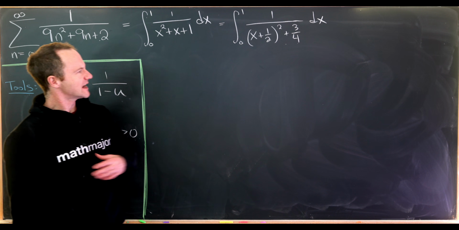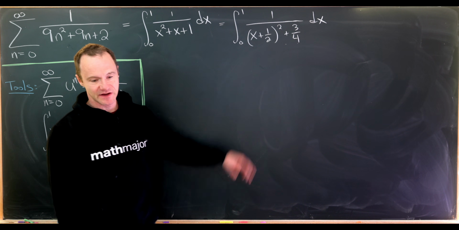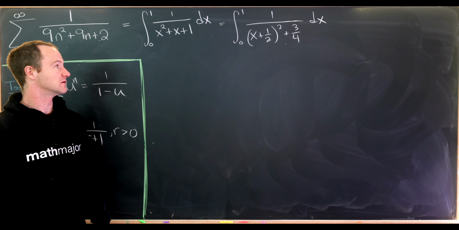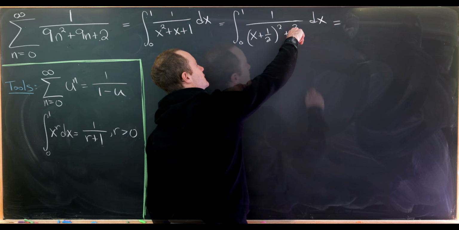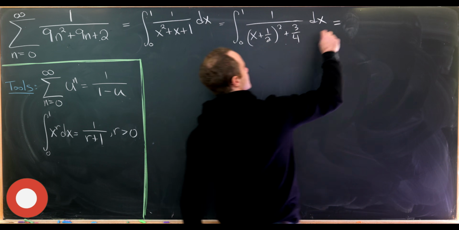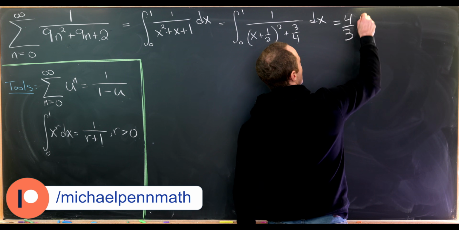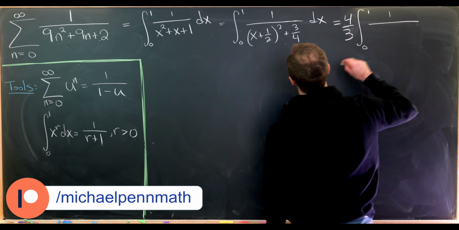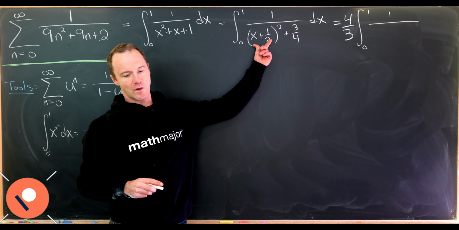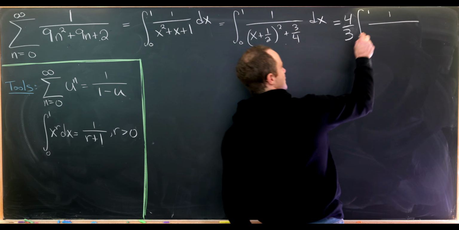Okay, so next up, I'm going to factor some stuff out of this denominator so that it looks a little bit nicer so we can make a nice substitution. So I'll divide a 3 over 4 out of the denominator, which is the same thing as dividing a 4 over 3 out of the whole thing. And then that'll leave me with 1 over... So this bit that's in the square is a little bit tricky. I'll write it down and we'll talk our way through it.